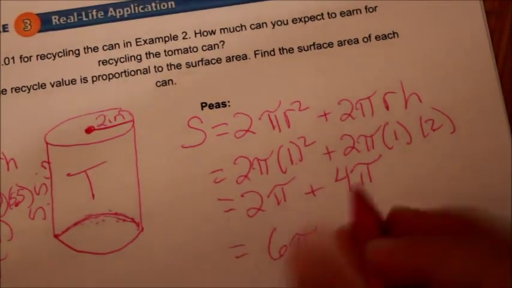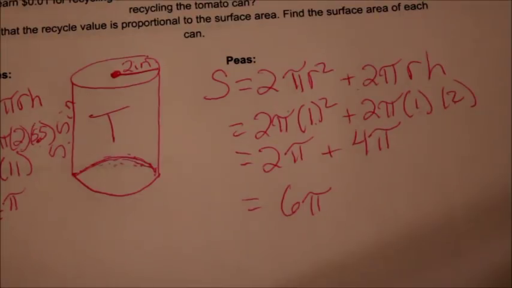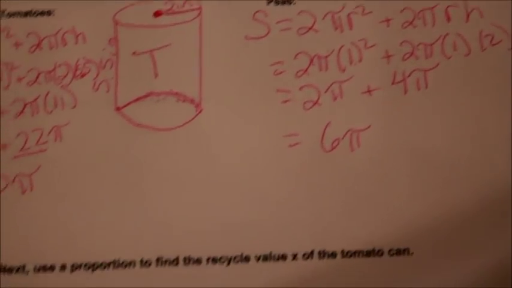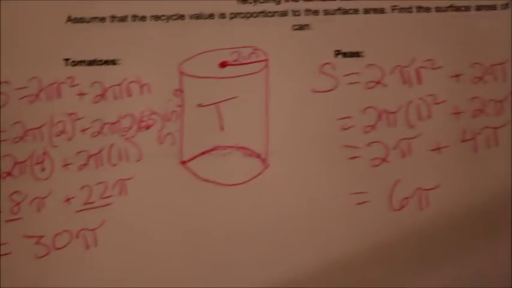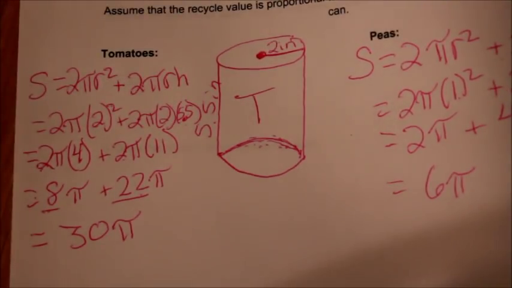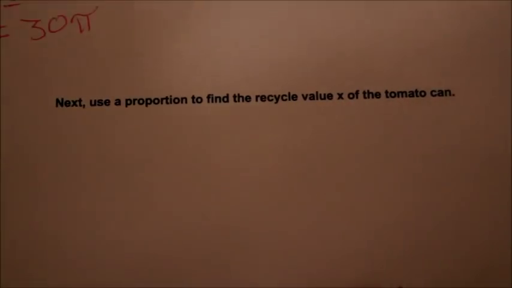This one's going to be 6 pi. Pause it if you need to go back and look at the work from either one. I'm just following the equation and following my steps 1 through 5.